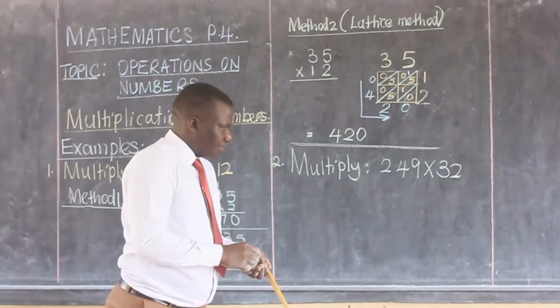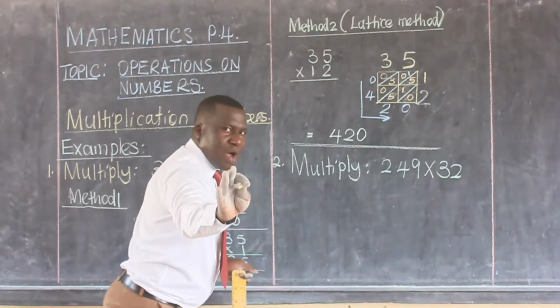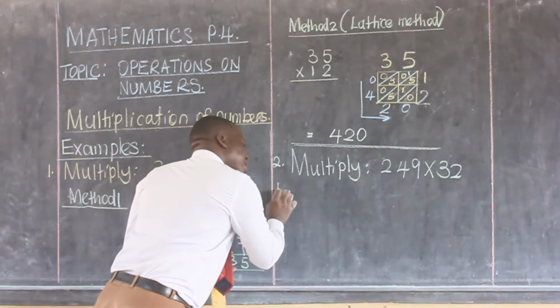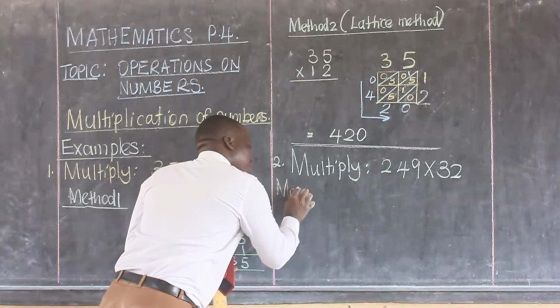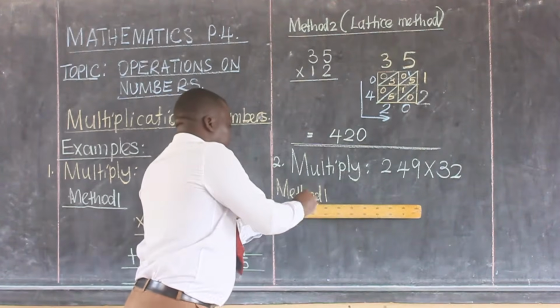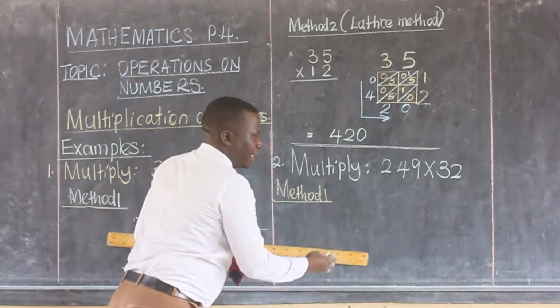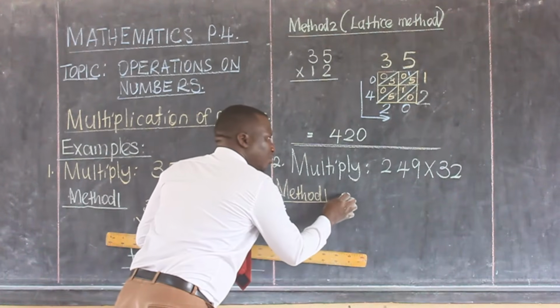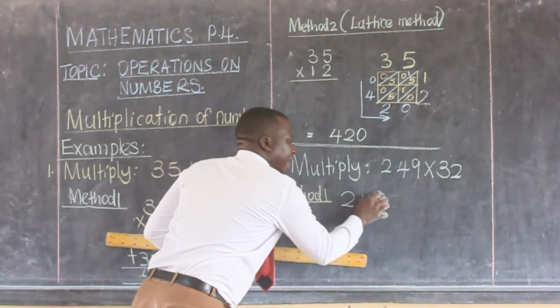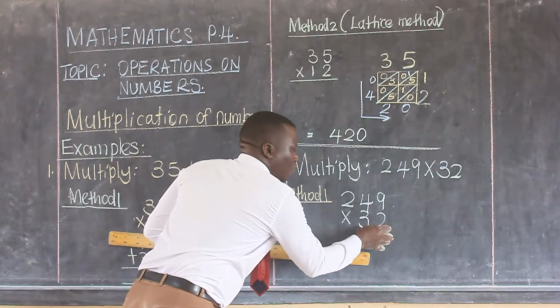Dear children of P4, what you are going to do here in our method 1, we shall arrange this vertically. We shall have our 249 times 32.